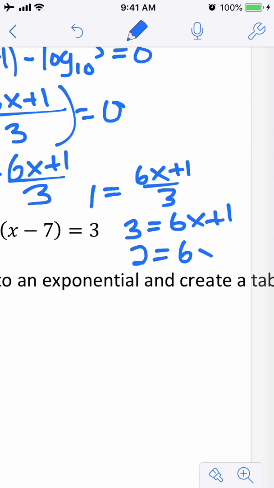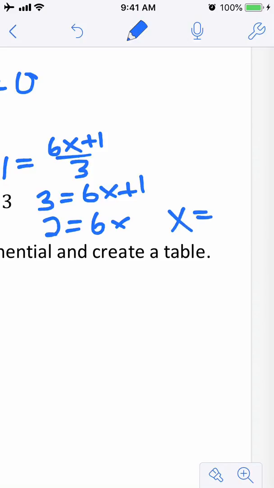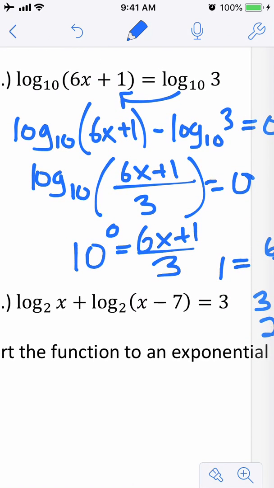Subtract 1, 2 equals 6x. And you finally get that x equals 1/3. Yay! So this took a little bit longer because I actually had to use a rule this time, right? If you have 2 logs, you got to get it down to 1 so that you can convert it, okay? So take care of those first. If they happen to be on different sides, fix it. Move it over. No big whoop. No dealio. All right, cool.